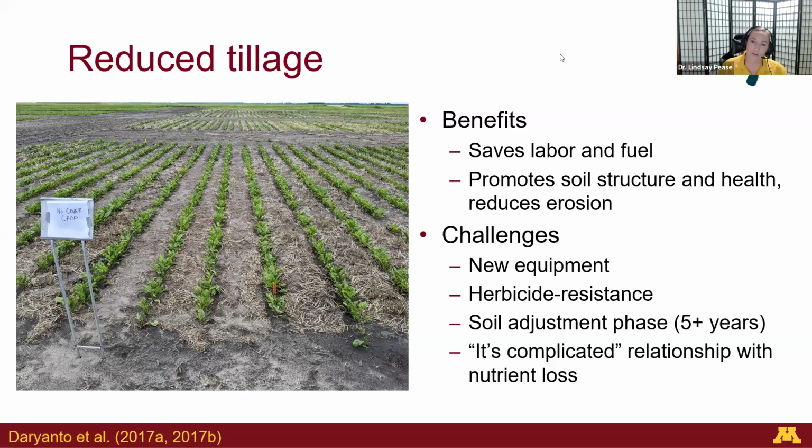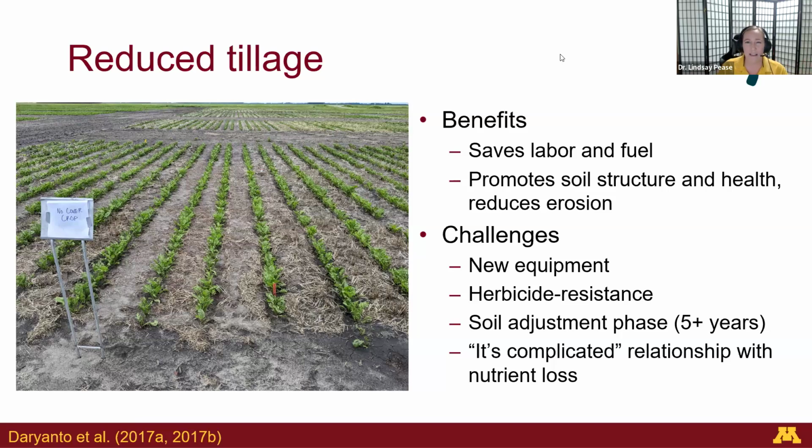The other issue that sometimes comes up with tillage is that there is a soil adjustment phase. The soil is used to having that tillage, and it takes time for that improved structure to build up. This seems to be fairly universal when I talk to people, whether they're from Iowa or Minnesota or Ohio.